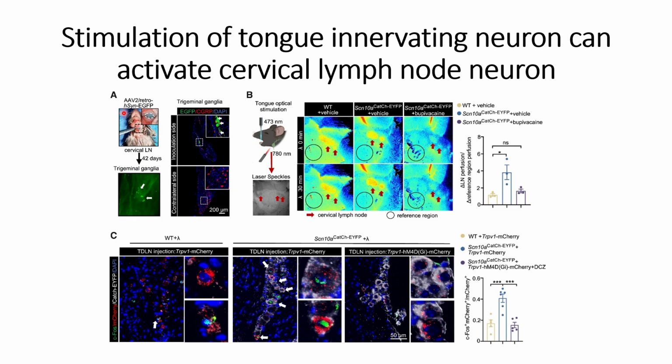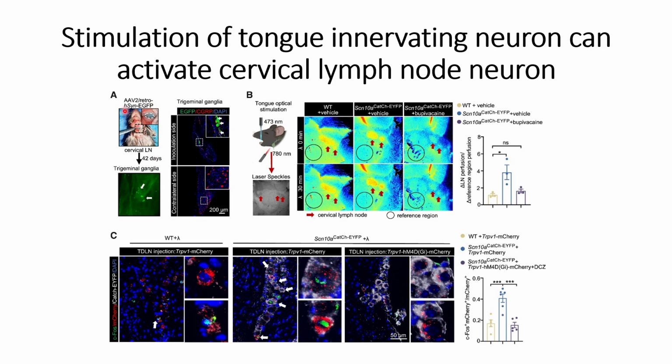For that they use this hSyn EGFP reporter using an AAV vector, that is Adeno associated virus, and after 42 days they are able to see these EGFP signals, and also the CGRP signals, which occur in the trigeminal ganglia.